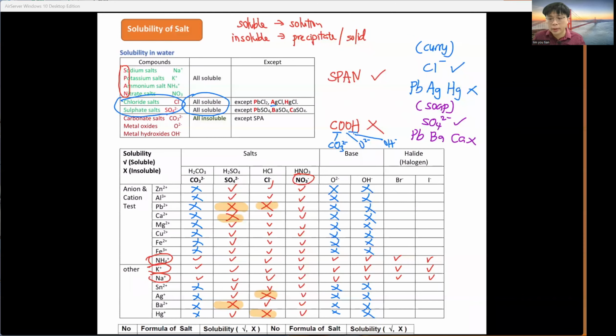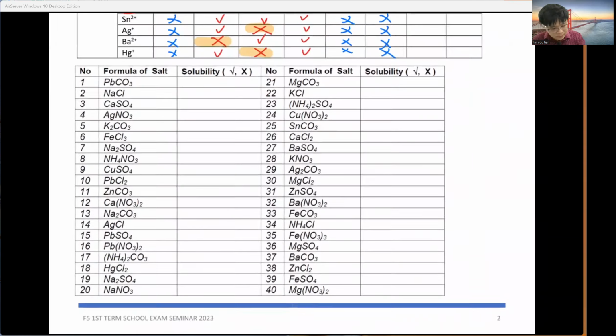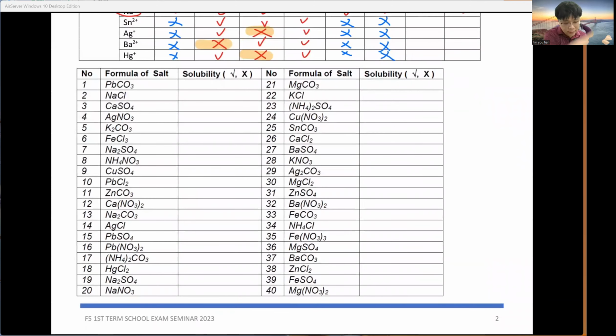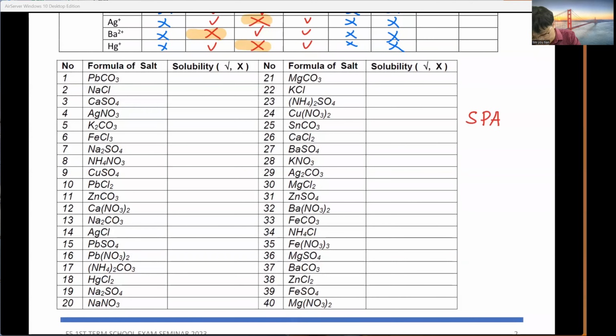Okay, so this one must be, so I go through here. Just roughly let you go through here. You see, anything with SPAN will be soluble. So anything with sodium, potassium, ammonium, and nitrate will be soluble.